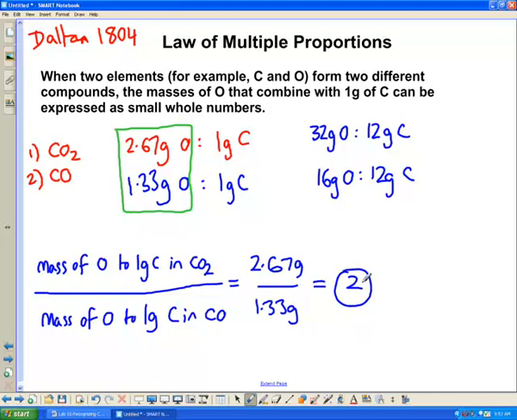Because this number is a small whole number, that means that these two compounds fit the law of multiple proportions.